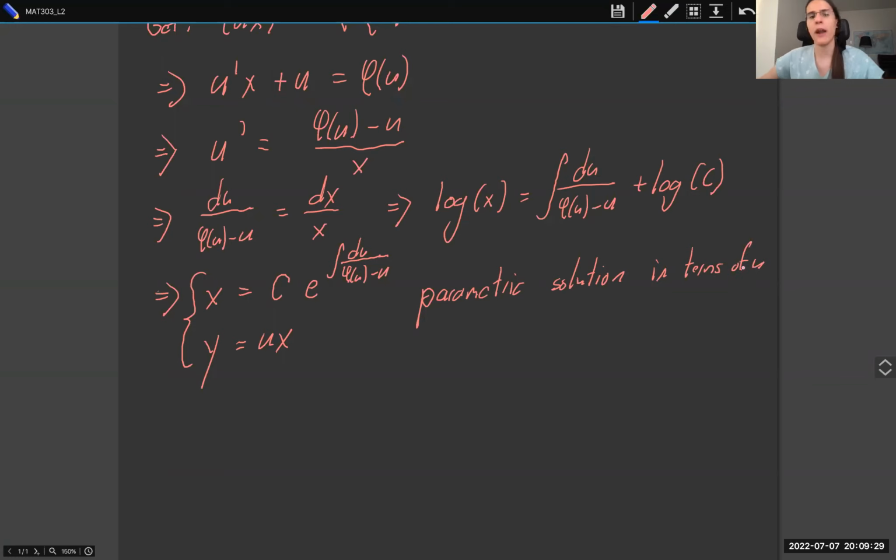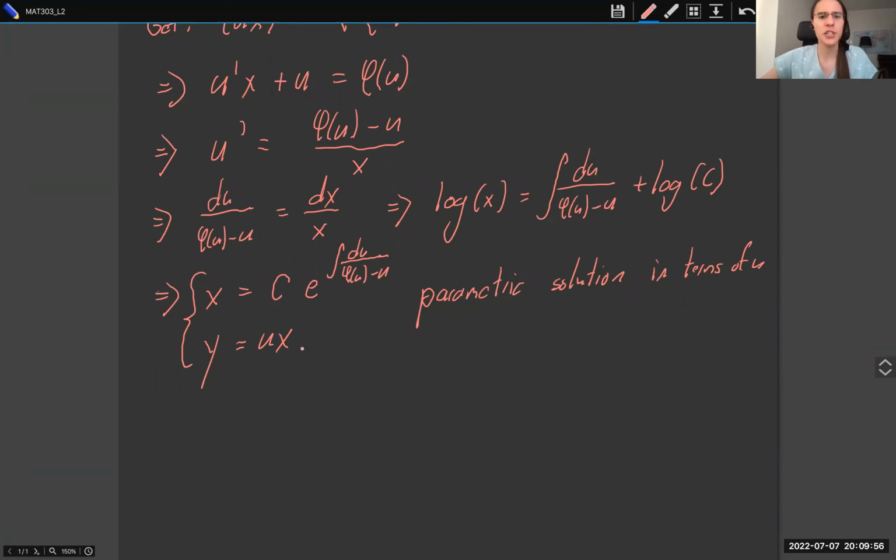So there's some other parameter, and if you know what u is, then you know what x is, and you also know what y is because you also know what x is, right? In this case, I'm going to allow you to not substitute back and just say that it's a parametric solution in terms of u, because it becomes a bit annoying when you do the other thing. So we basically parameterize the solution in terms of u, and that's a valid way of giving it.